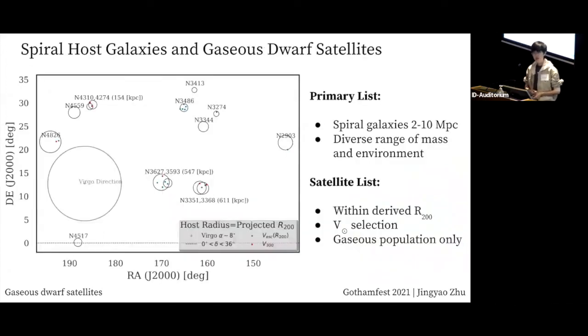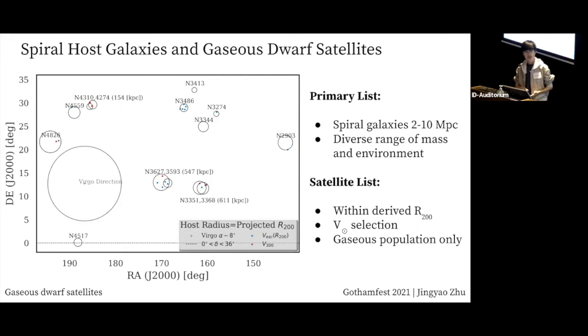So we found a bunch of local spiral galaxies in 2 to 10 megaparsec. These are called our spiral, our primary list. And we see a large diversity of range in their mass environment, so these are not entirely Milky Way analogs. We have some smaller ones. The circles are their projected virial radius on the sky, and the dots are our satellite list.